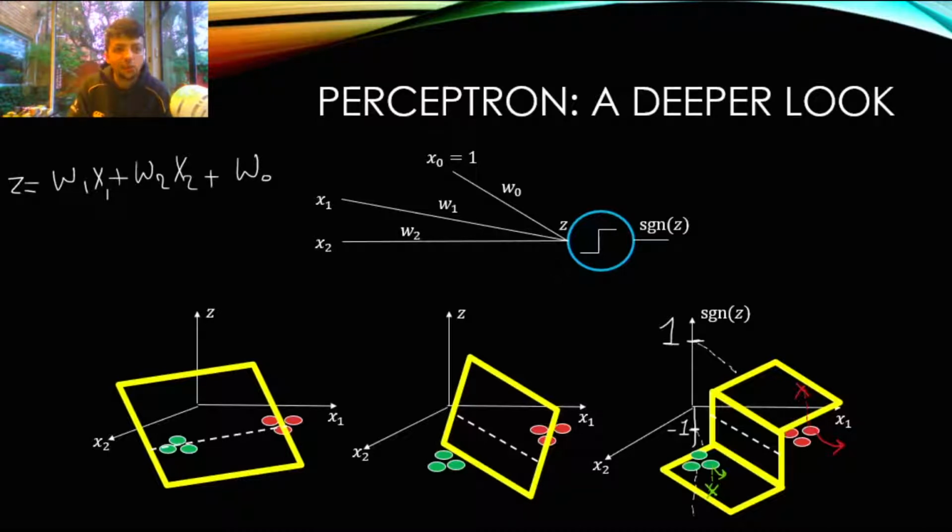Again, if you notice, you are dealing with two-dimensional data, right? And Z became three-dimensional, but where Z cuts through your input space is a line, and that line, my friends, is again two-dimensional.